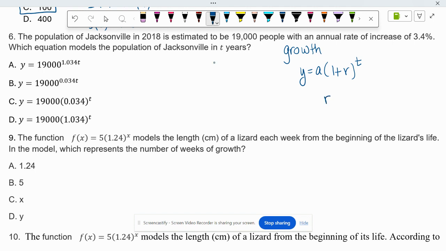Do you remember from the last question how we find r? No, it's you take your percentage and you do what with it? How do we have to take our percent and turn it into a decimal? So we do that by dividing by 100. So 3.4 divided by 100.